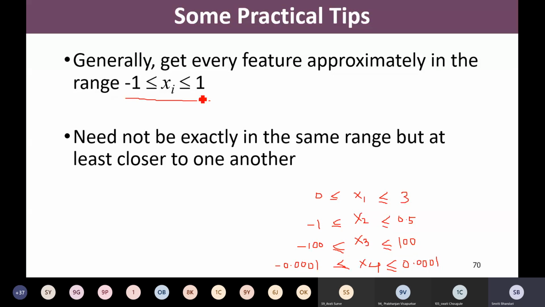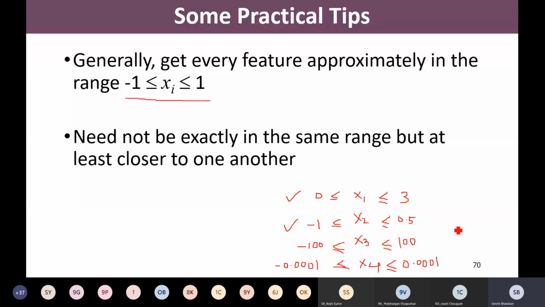Okay, so let us assume that these are the 4 features and these are the ranges of the features. A general statement that we have made is we would like to put all those features on a similar scale. If we look at these 4 features, we may accept the range 0 to 3 and -1 to 0.5 because they are not too different from one another.